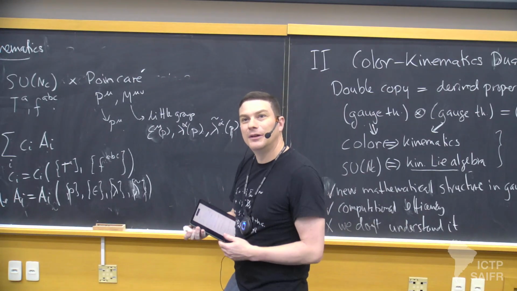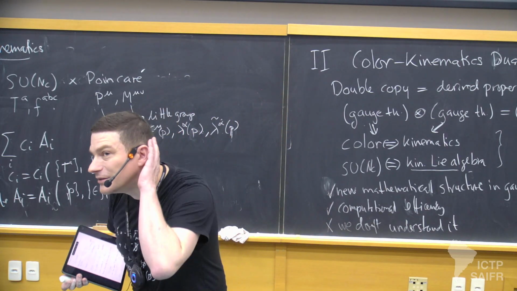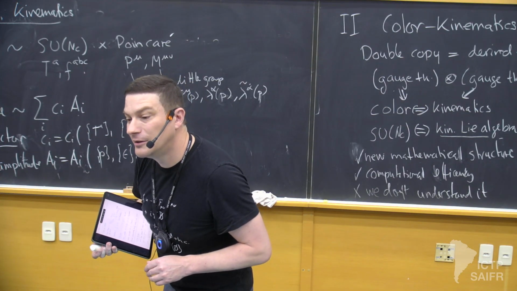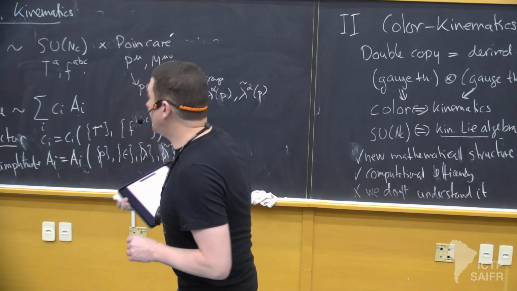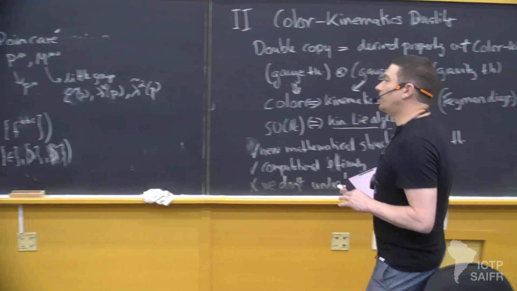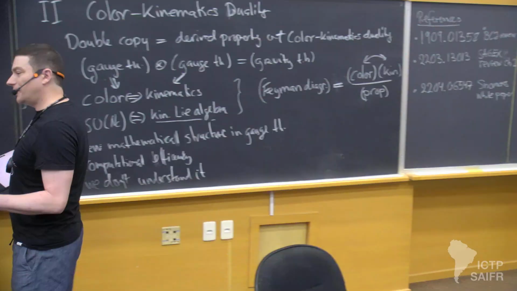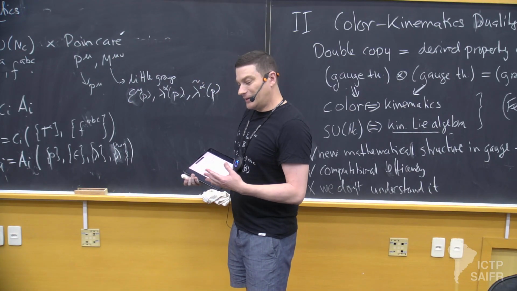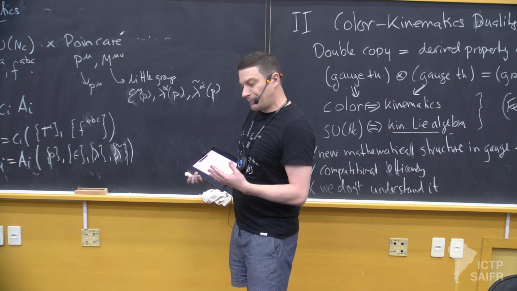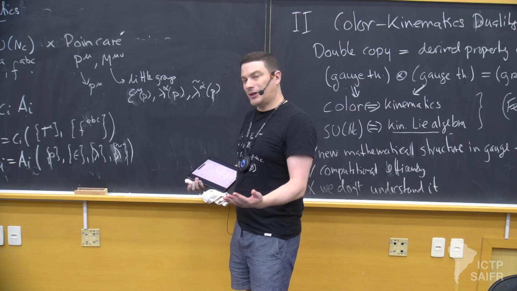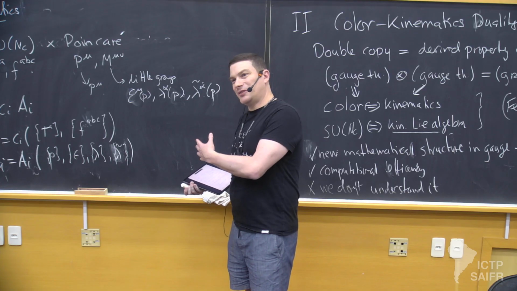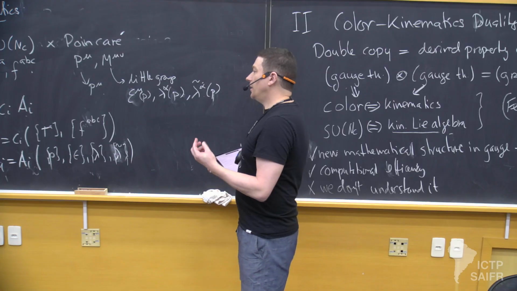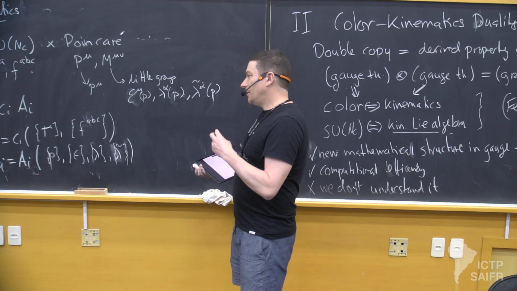Yes? Sorry, can you say that a bit louder? No, there's no direct relation between the color and the kinematic. It's rather that they are correlated, in the sense that if the color factor satisfies certain properties, then those properties also need to be satisfied in the kinematic part, but they're not the same properties, just very similar properties.